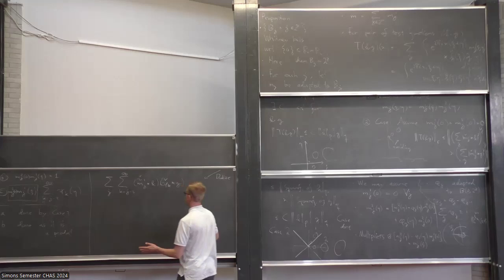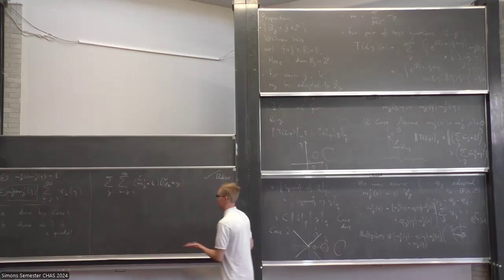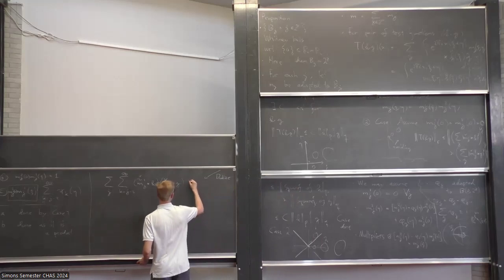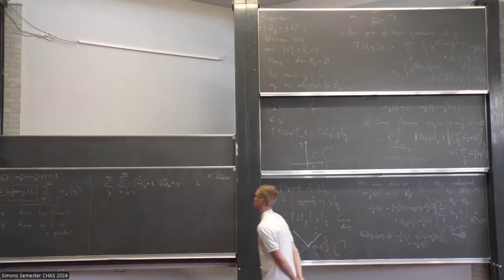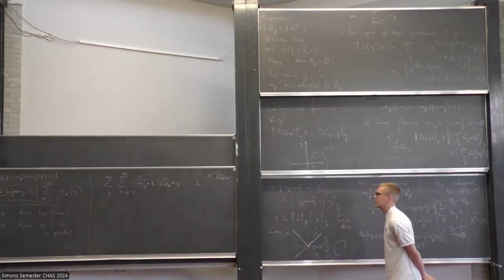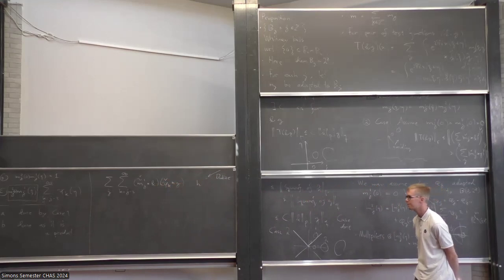So we multiply by a function h, which is in the correct L^p space. Okay. And now this is the form we should integrate and get the bound.